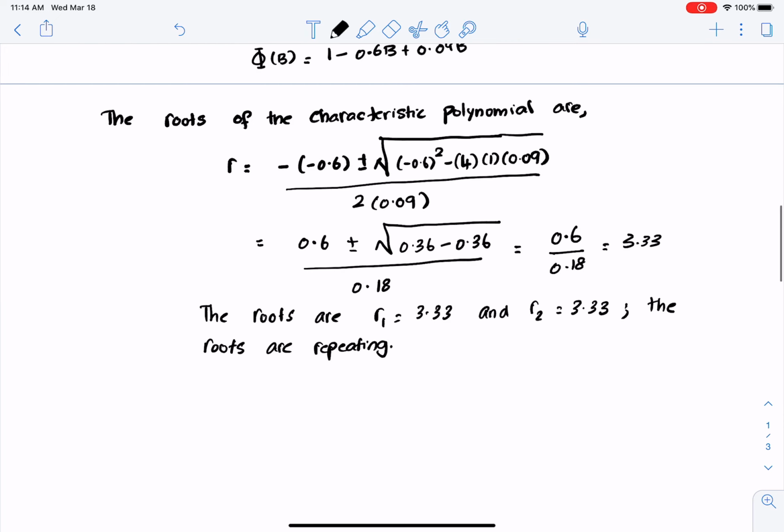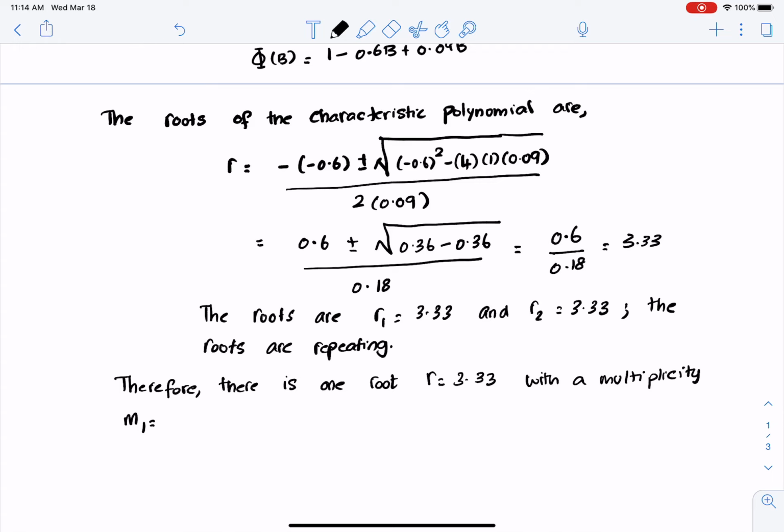So there is only one root then. Let's call it R, which is 3.33, with a multiplicity m1 equals 2.